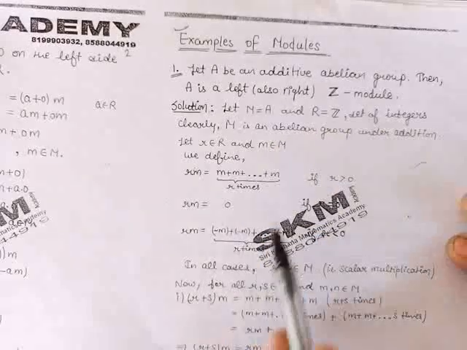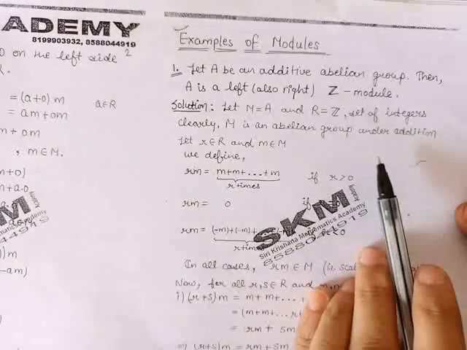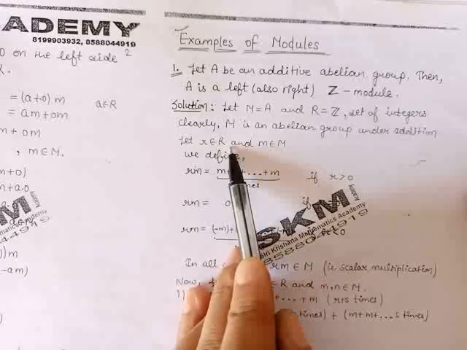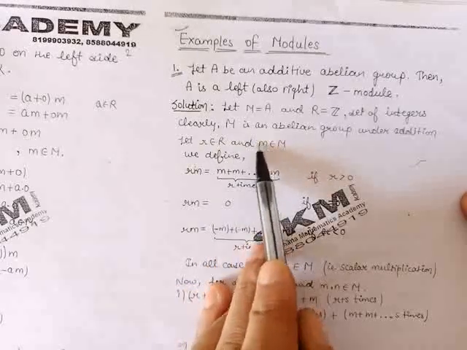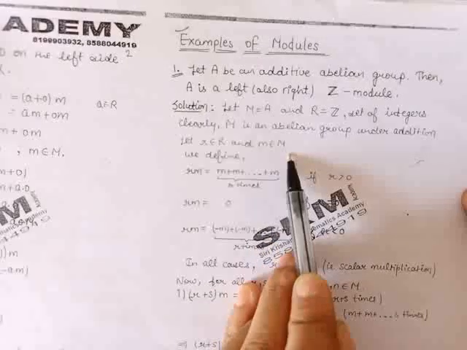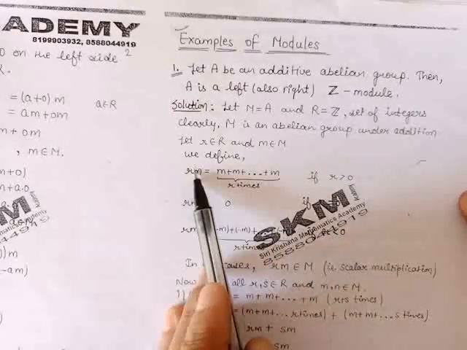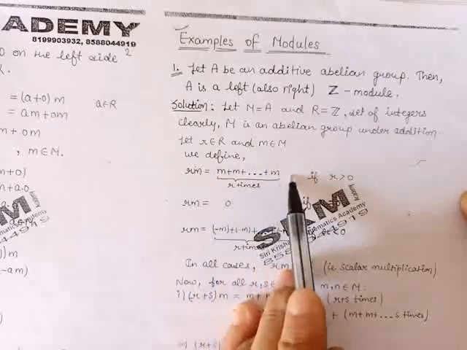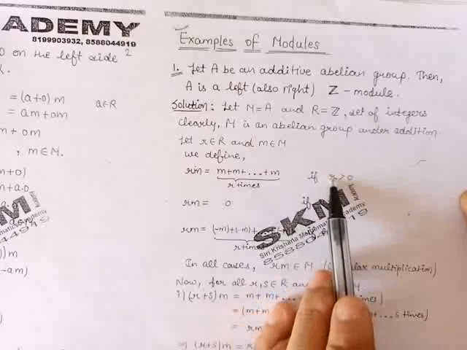Now we can define scalar multiplication by taking an element r from the ring R and an element m from M. We define the scalar multiplication rm by m plus m plus m and so on, r times, if r is positive.